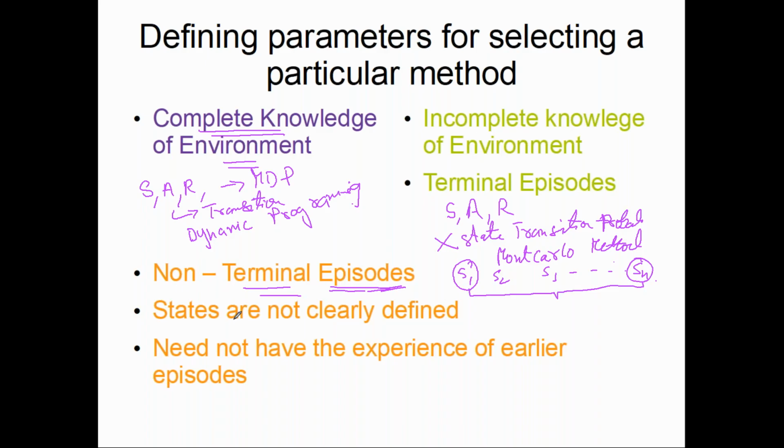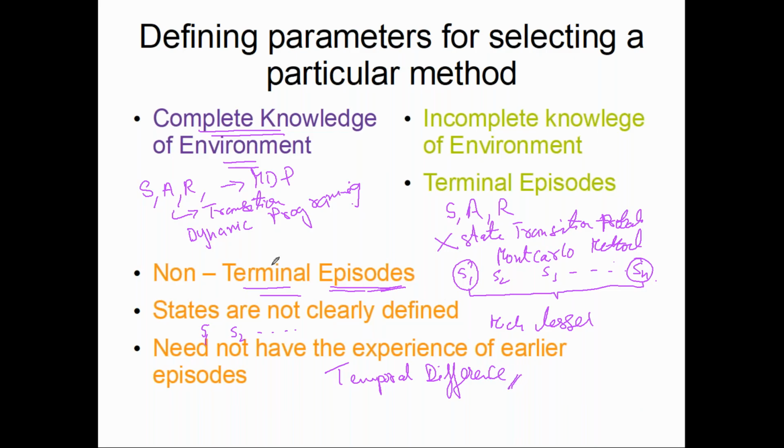In this case, we don't know where it ends, and we may not know the experience of earlier episodes either. Here we know the current state and the next state, some sequence of states, but not the entire episode. When you come to this particular state, the information you have is much lesser. This is where we use the temporal difference method.